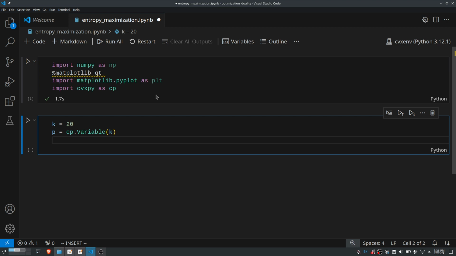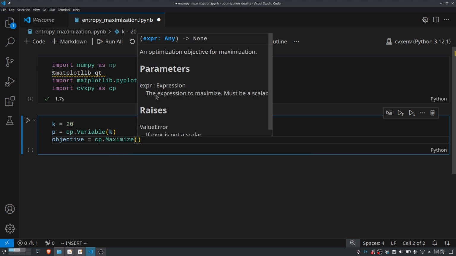And what do I need to do next? The objective, right? So what would be the objective? Correct. So it's to maximize something. How would I formulate this? Of course, I can say summation pi log 1 over pi. But in this case, there's already an entropy function, which is x log 1 by x.